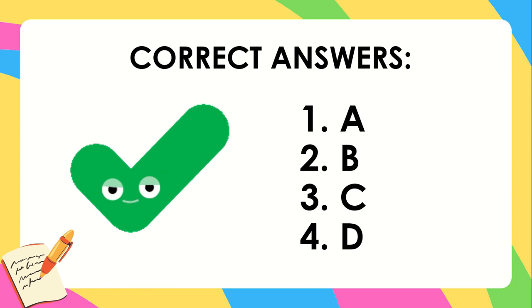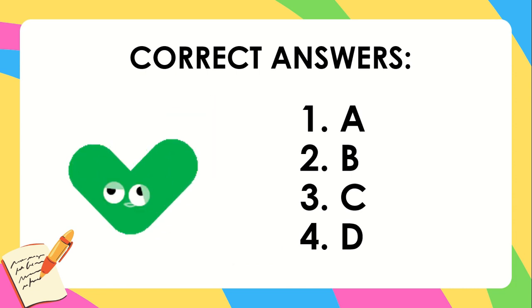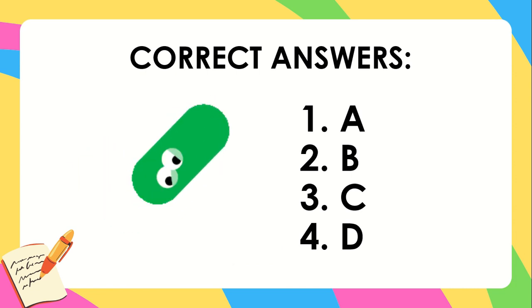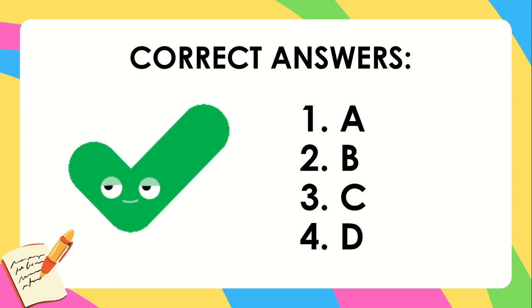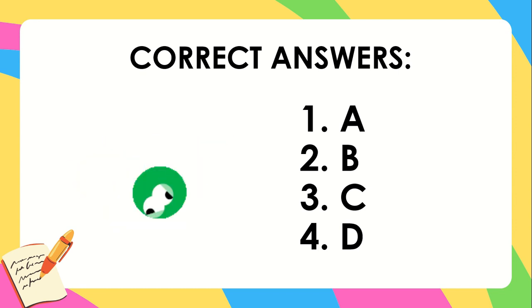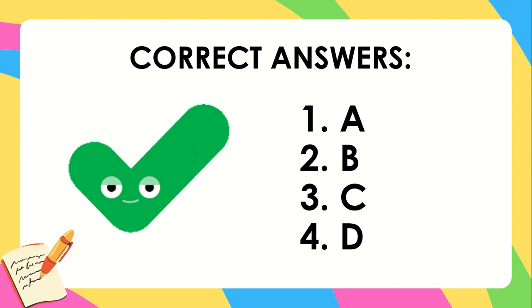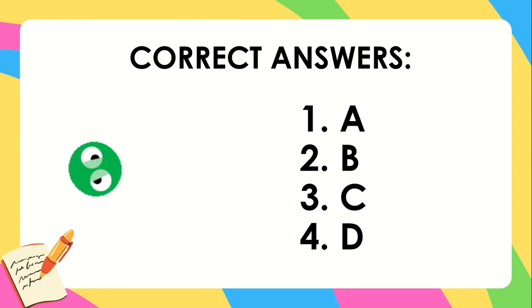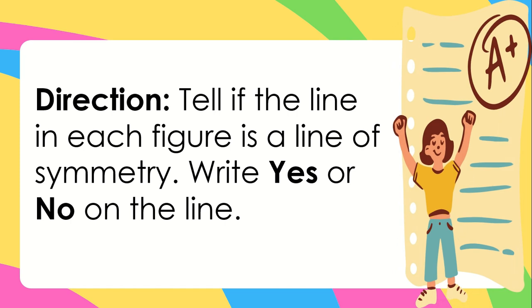Here are the correct answers. For number 1, letter A. Number 2, letter B. Number 3 is C. And number 4 is D. Directions. Tell if the line in each figure is a line of symmetry. Write yes or no on the line.